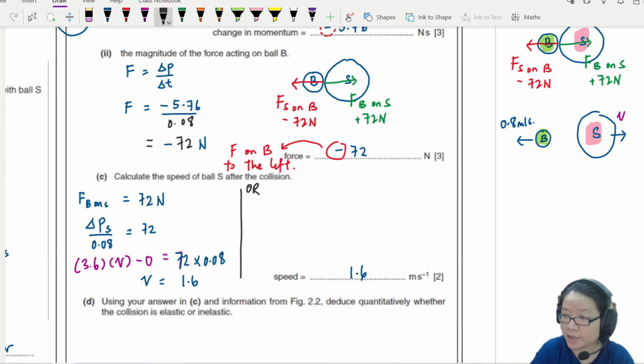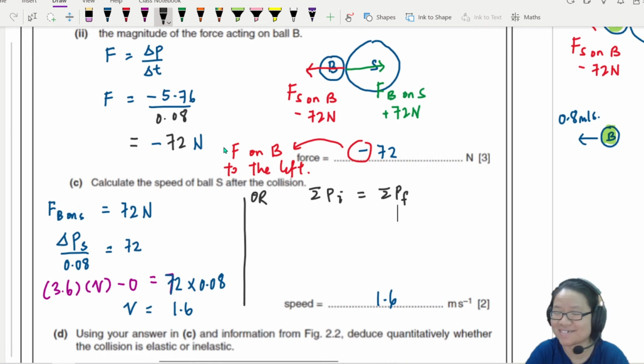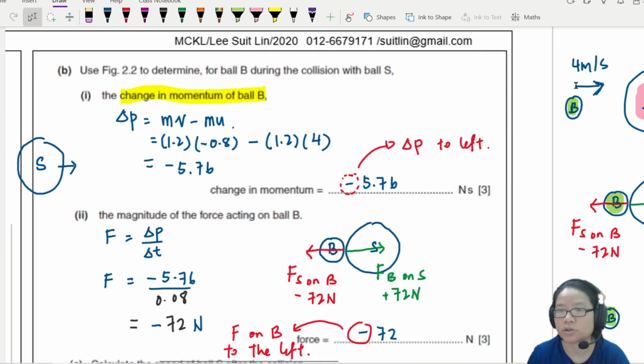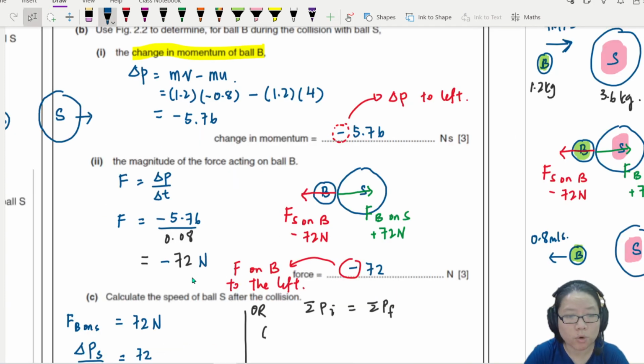Okay, so I can do sum of the initial momentum is equal to the sum of the final momentum. Zoom in a bit for the people at the back with small screens. Okay, the initial momentum, only S is moving, right? Sorry, only B is moving. So I'll take the momentum of B, which is 1.2 kg multiplied by the initial speed.